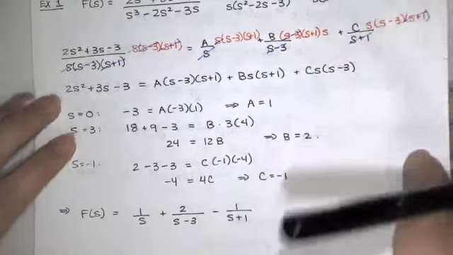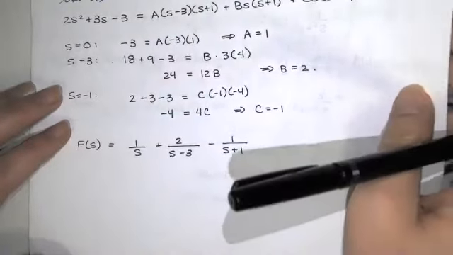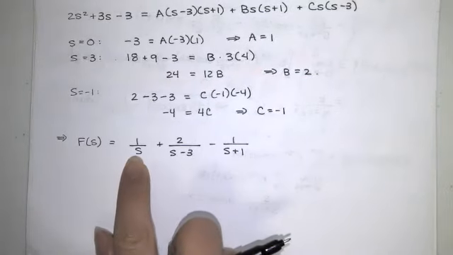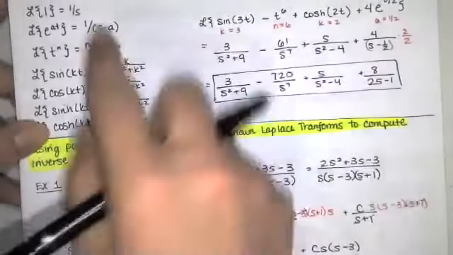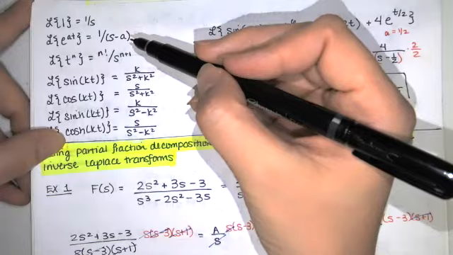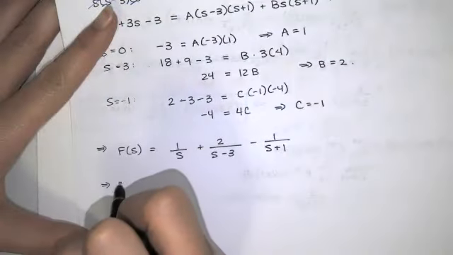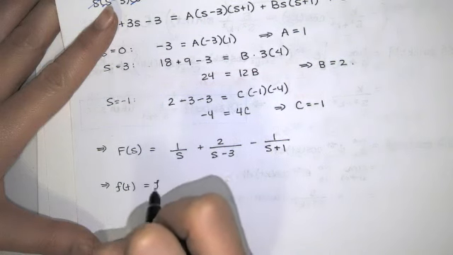Oh, and that's easy. Now we can just take the inverse transform. That's going to be an exponential, and that will be 1 because of this rule and this rule. So in that case, f of t is the inverse transform of these guys.